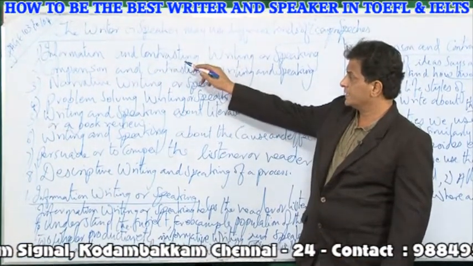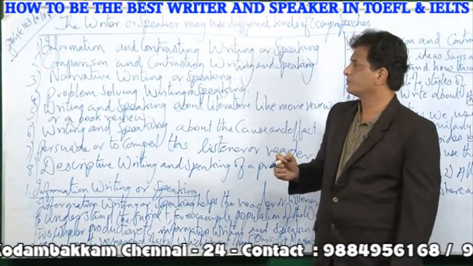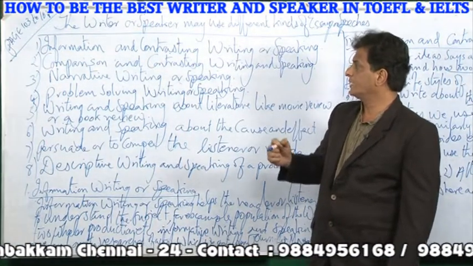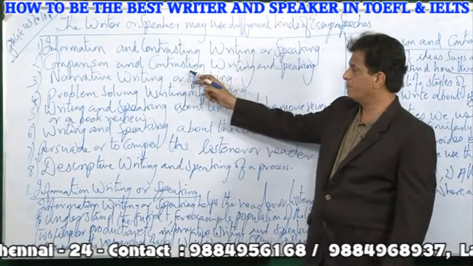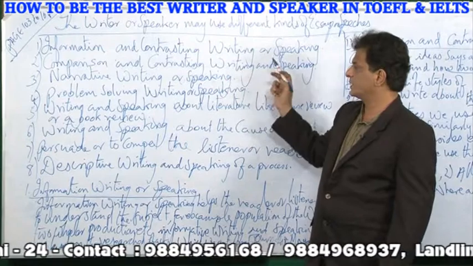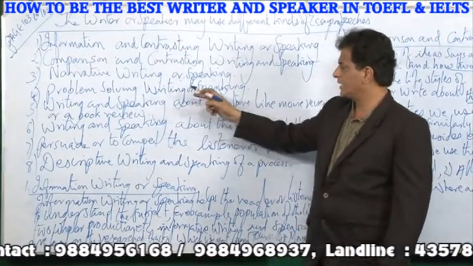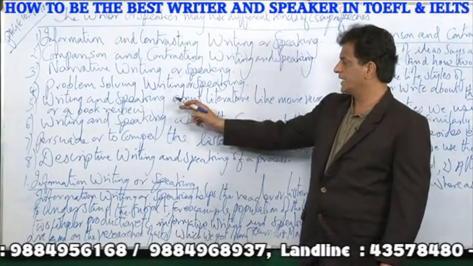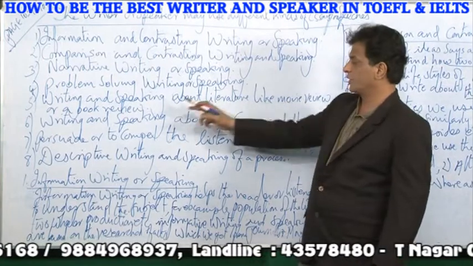The first is informative writing or speaking. The second one is comparison and contrasting writing and speaking. Third, narrative writing or speaking. Fourth, problem solving writing or speaking. Fifth, writing and speaking about literature like movie review or book review.